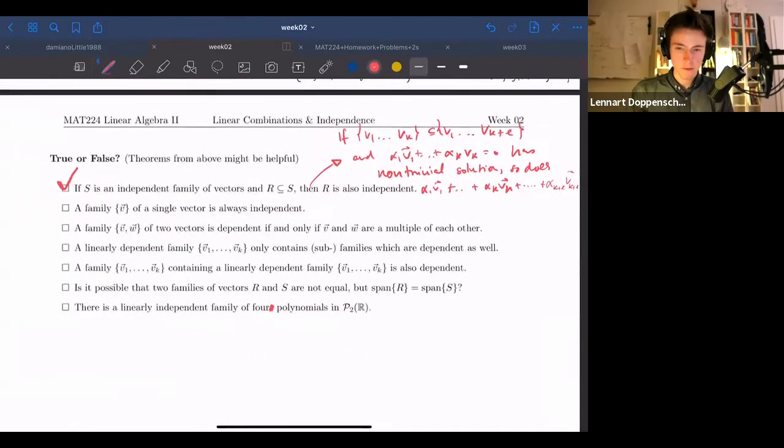Meaning if you forget about the vectors added to R to get S, and you have a non-trivial solution, then it's still a non-trivial solution if you include the other vectors with 0 coefficients.